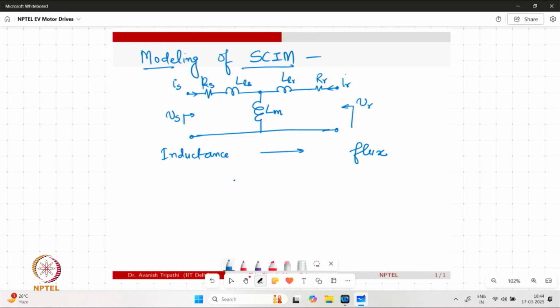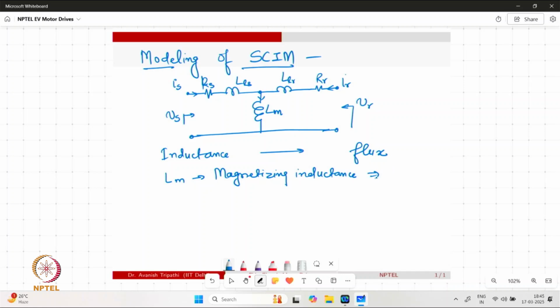So as we understand that there is Lm which is defined as magnetizing inductance. So which means the current associated with Lm is basically responsible for magnetizing the air gap flux.